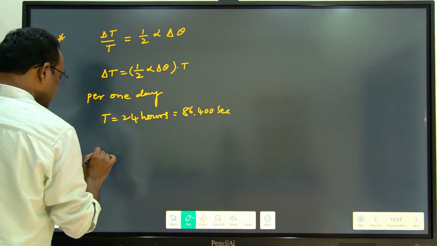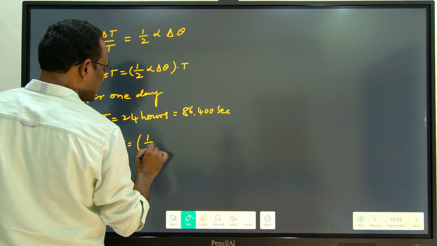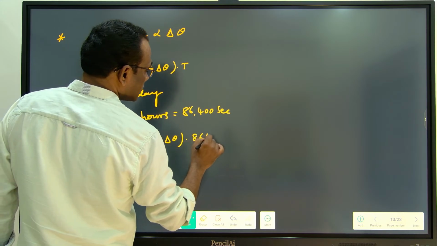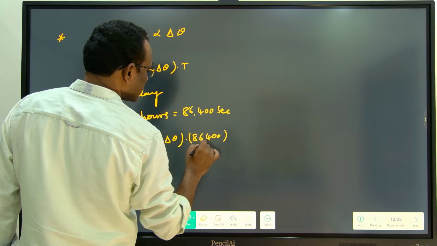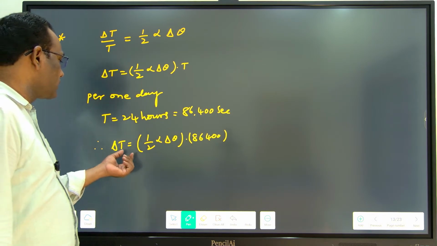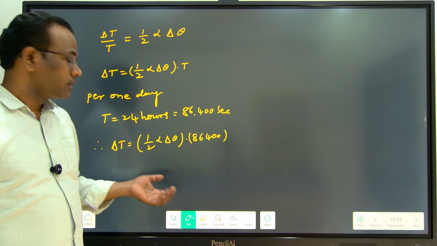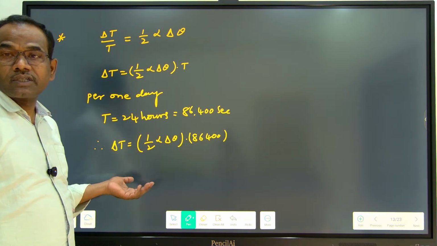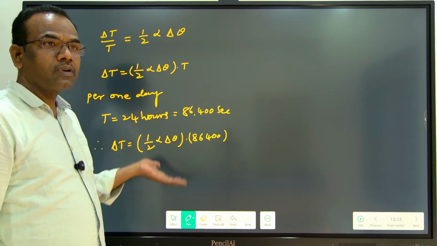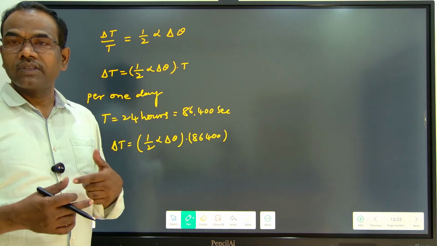Therefore, delta t equal to 1 by 2 alpha into delta theta into 86,400 seconds. Use this formula. If we know alpha and delta theta, we can calculate how much the time period changes in 1 day. I'm taking 1 day. If they ask for 1 week, then after we get the result, multiply with 7.